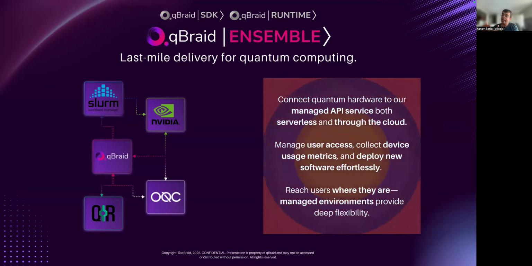And if they want to have access to GPUs, it is very naturally available from the same environment where they'll be extending their API. If they want to have access to an HPC resource, that's available as well. And all of those things get bundled and are made available to the front-end user. So when they submit a task, they can leverage not only quantum, but both classical and quantum resources.